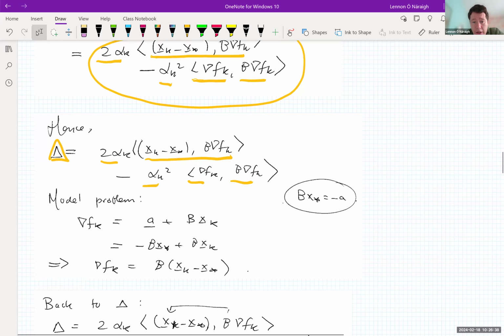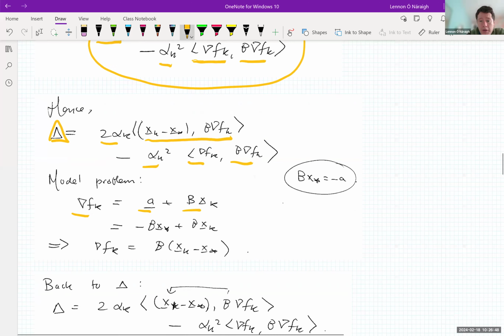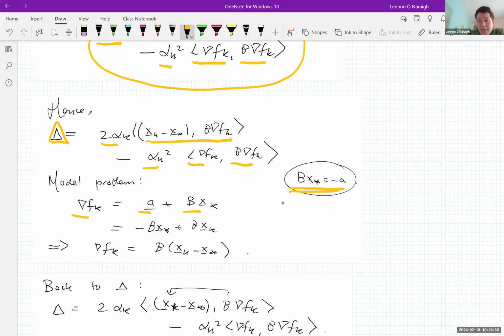And to do that, I use the fact that we're working on the model problem. So grad f for the model problem is a plus B times x. But B times x* is minus a. That's the minimizer of the model problem. So grad f is really minus Bx* plus Bx_k. Or this nice expression, again, only valid for the model problem, grad f is B into x_k - x*.